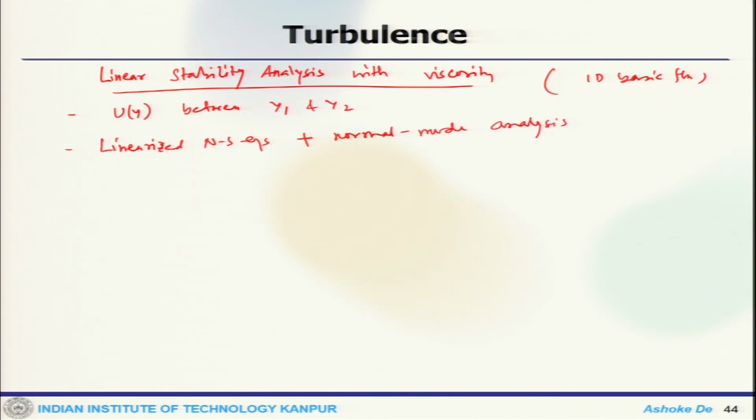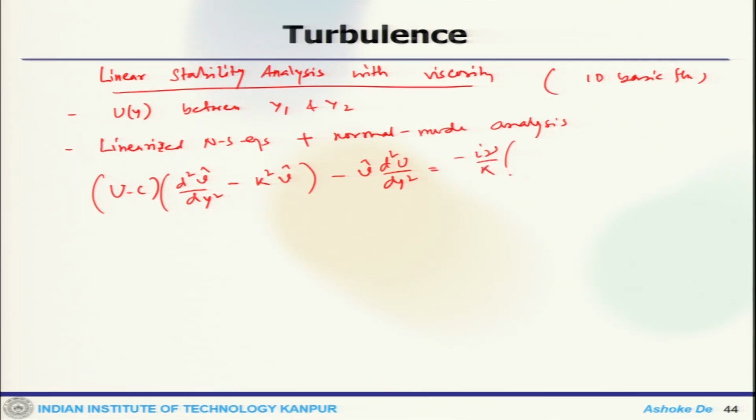which will get us (U minus c) times (d2 minus k square) minus d2U by dy2 equals to nu by ik times (d4 by dy4 minus 2k square d2 by dy2 plus k4) v hat.